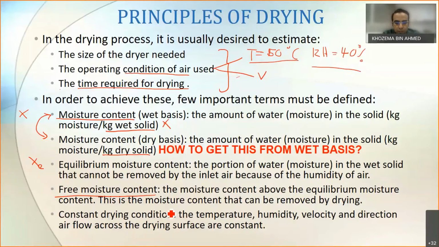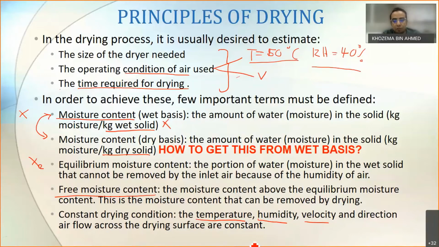So we want to make sure that our temperature, humidity, and velocity are constant, meaning that they are not changing throughout the drying process. That's how we define the meaning of constant drying condition. Temperature will always be the same, humidity will always be the same, and velocity will always be the same. Why? Because it actually affects our drying process.